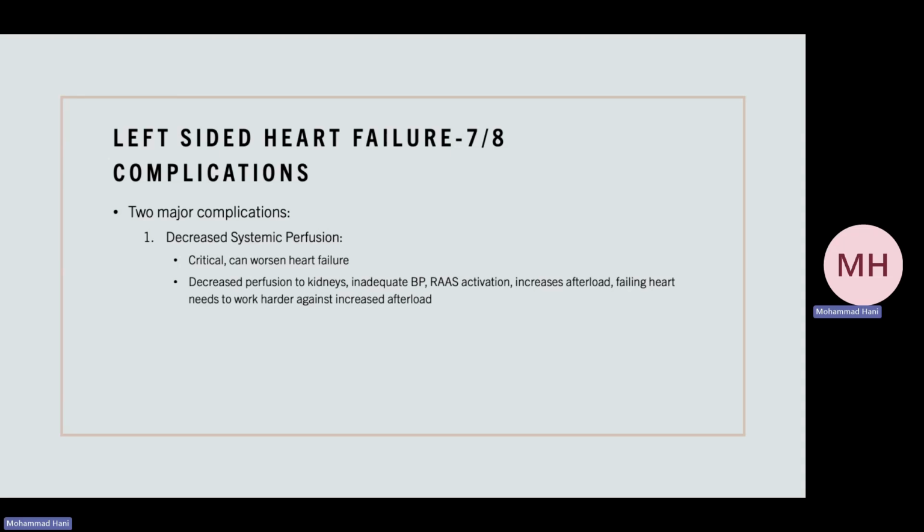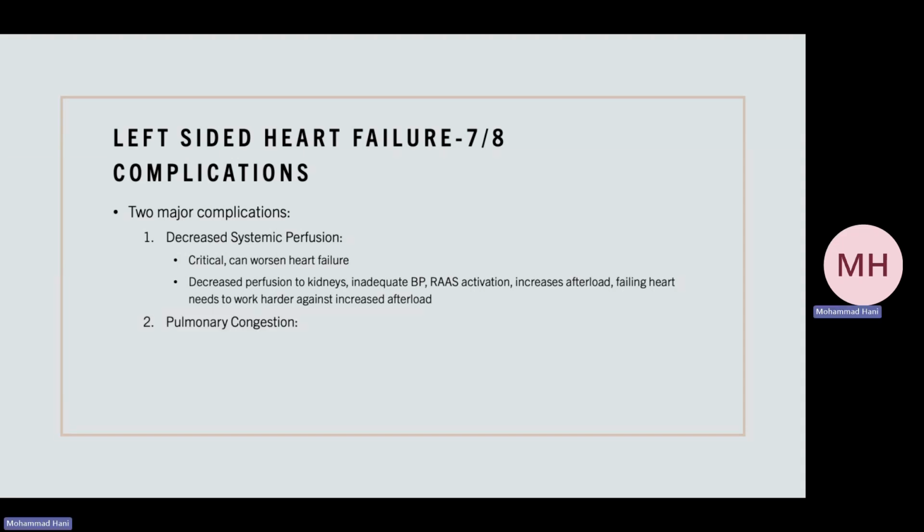So this increases the total peripheral resistance, and increasing the total peripheral resistance increases the blood pressure. Increased blood pressure means increased afterload for the heart, and increased afterload means that the failing ventricles have to work harder against this afterload. So it worsens the condition even more because your ventricles are already failing, and then an increased afterload is not what's required for them. But this is what happens, and the kidneys tend to make things worse for the heart.